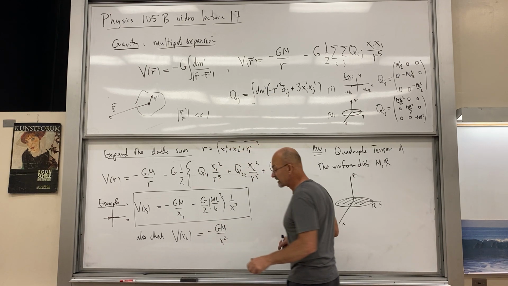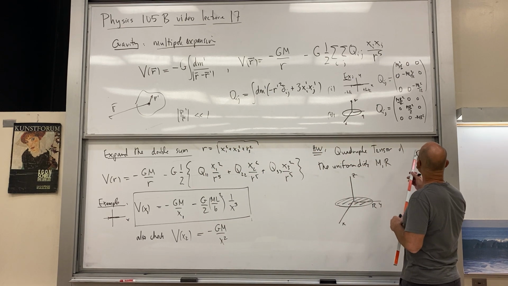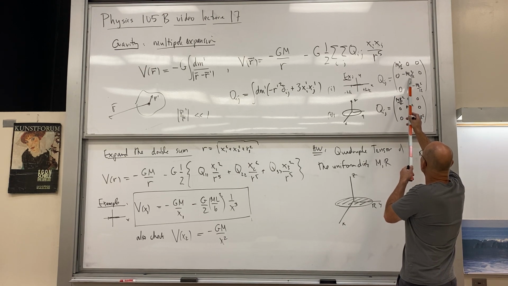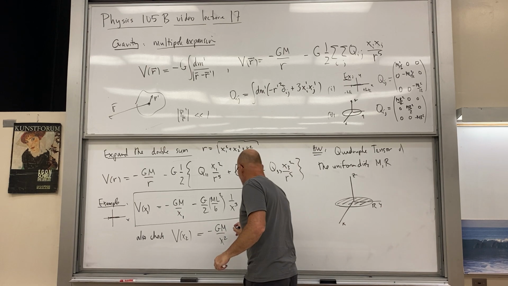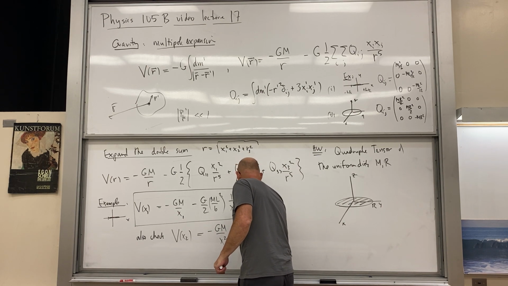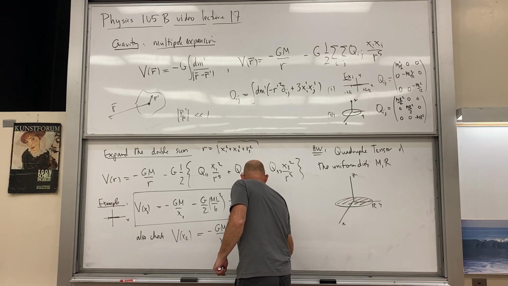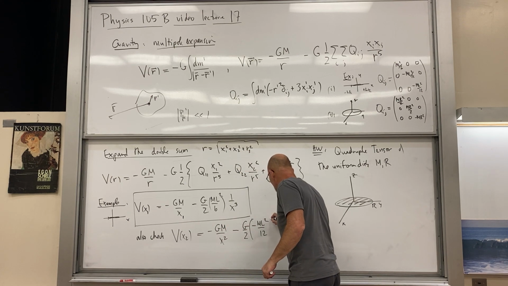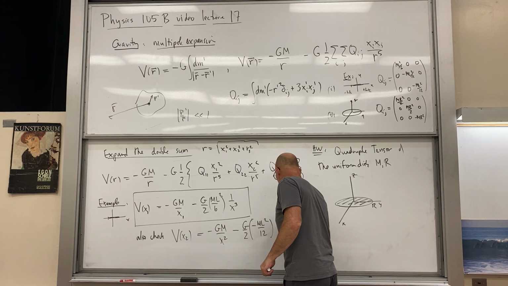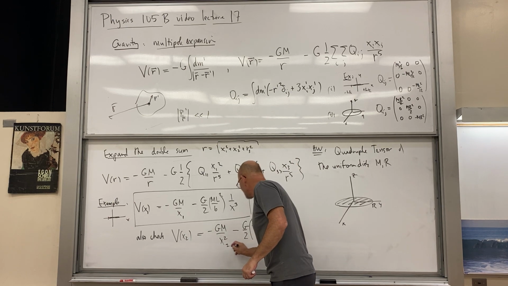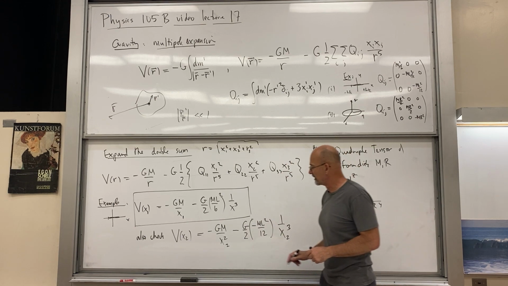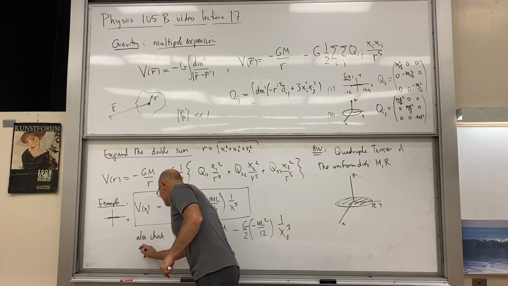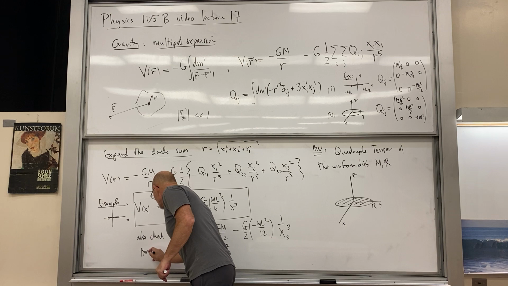And what are we going to get here? We have a minus ML squared over 12. So minus G over 2, then we have negative ML squared over 12, times 1 over x2 cubed, and this was homework.